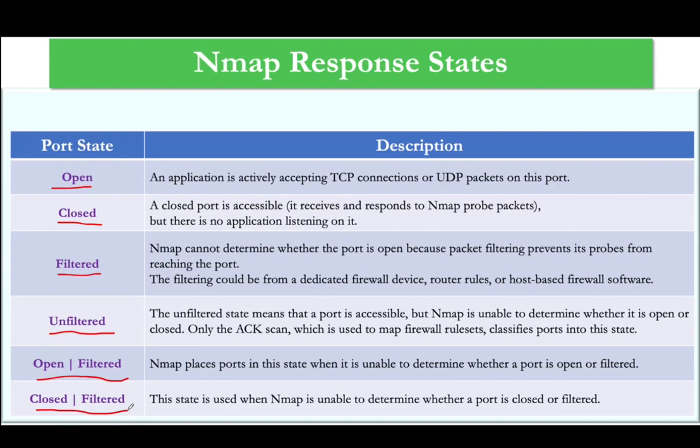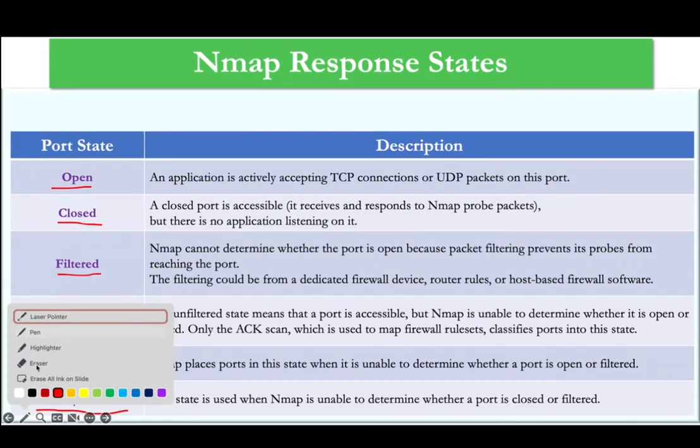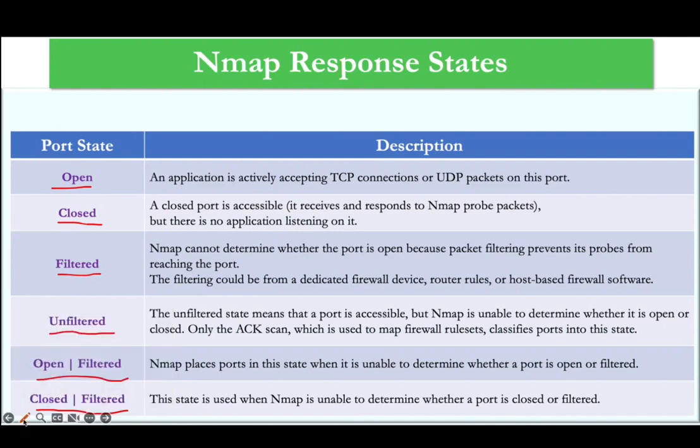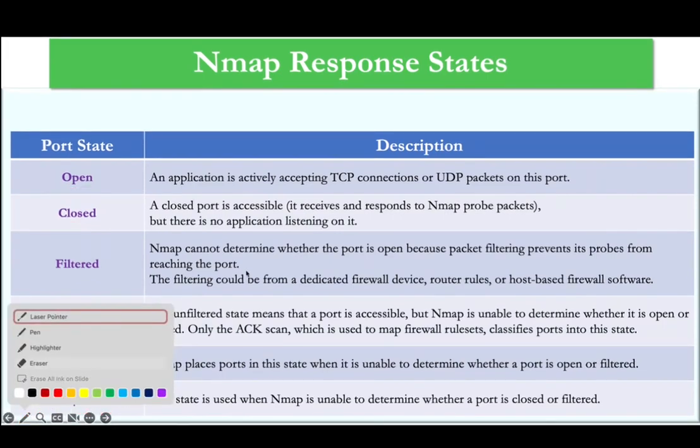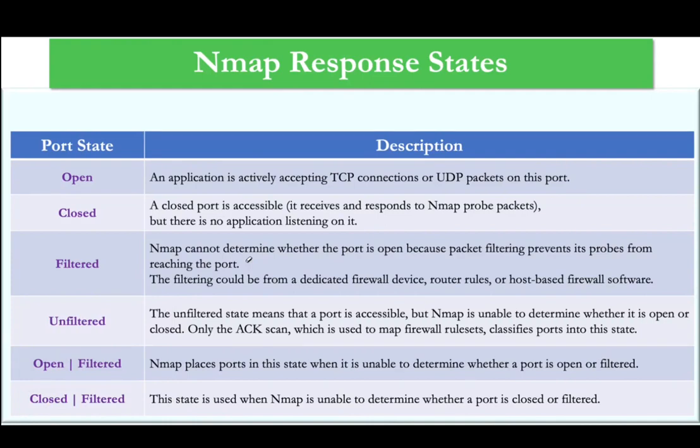So, to check whether the port state is open, closed, filtered or unfiltered, Nmap uses the TCP flags for scans, which we have seen in the previous lecture.